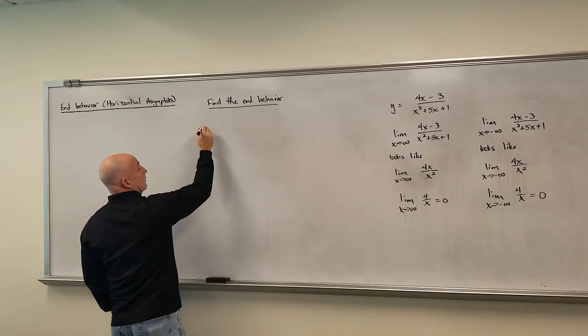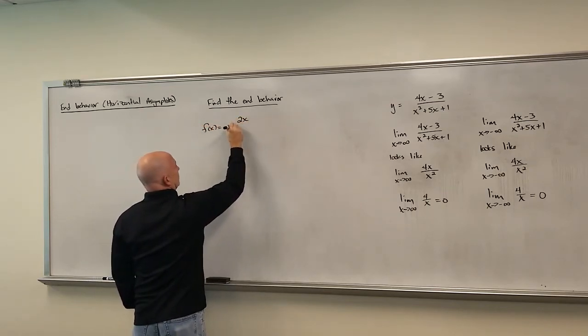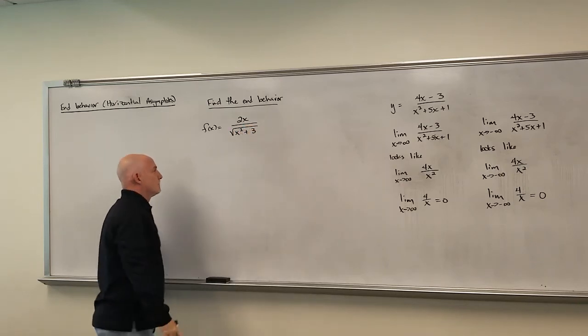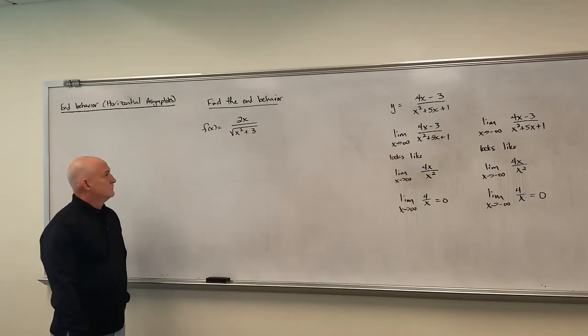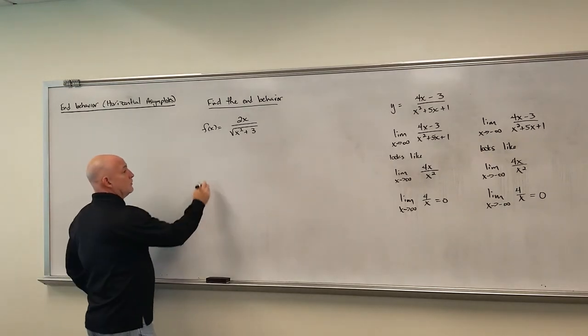What if I said our function was 2x over the square root of x squared plus 3? All right. Well, if we're asked to find the end behavior, we're going to do the same thing we've been doing.